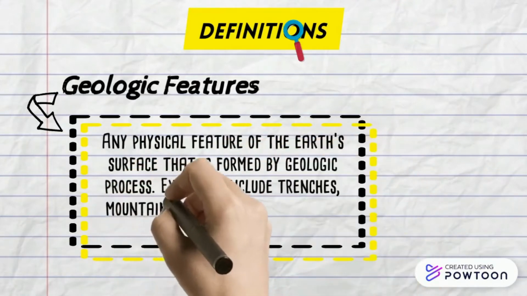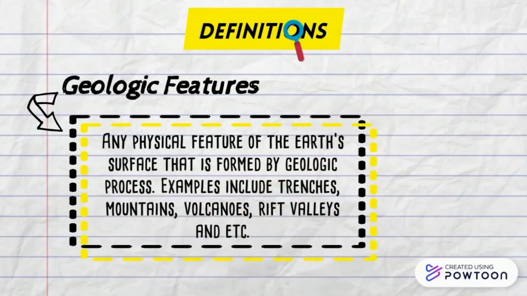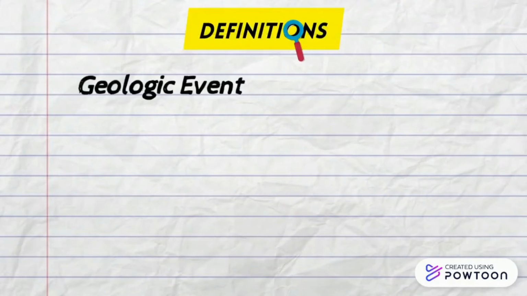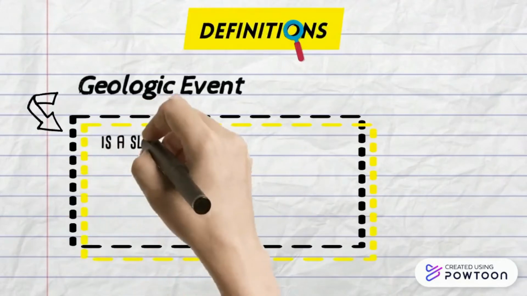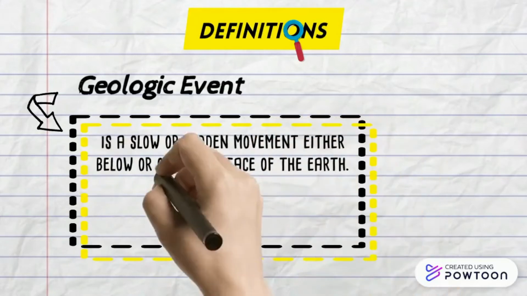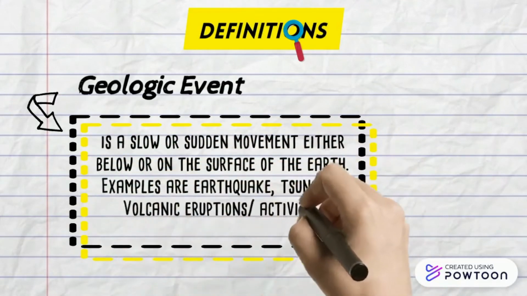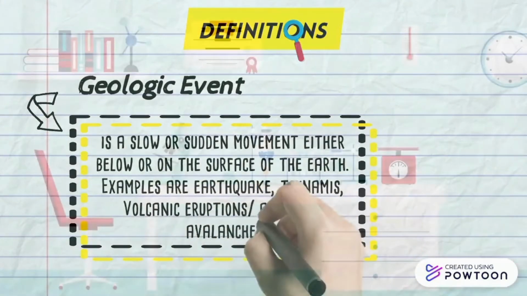Examples include trenches, mountains, volcanoes, rift valleys. Geologic events is a slow or sudden movement either below or on the surface of the Earth. Examples are earthquakes, tsunamis, volcanic eruptions or activities, or avalanche.